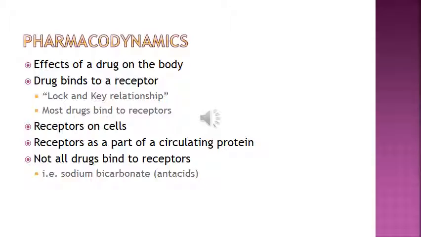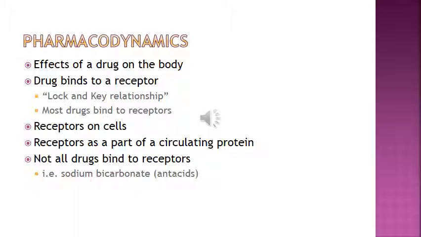What you look at here is a simple lock and key relationship where the drug molecules match up with a receptor on the cell, and then based upon that either produce some type of reaction or in some instances actually inhibit reactions, based upon what the individual drug is supposed to do.